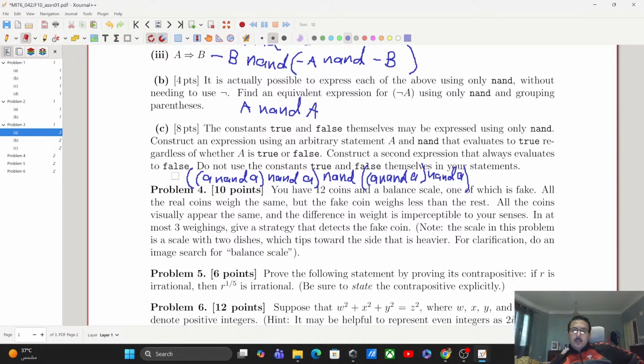There's no way. True, regardless whether A is true or false.